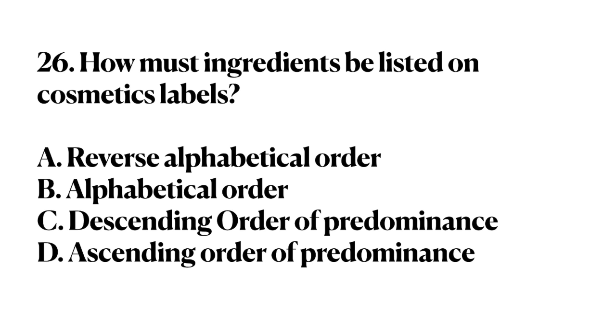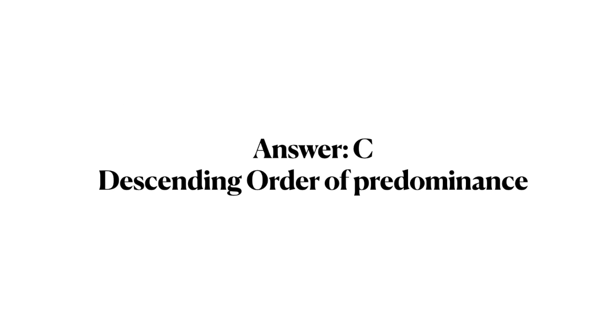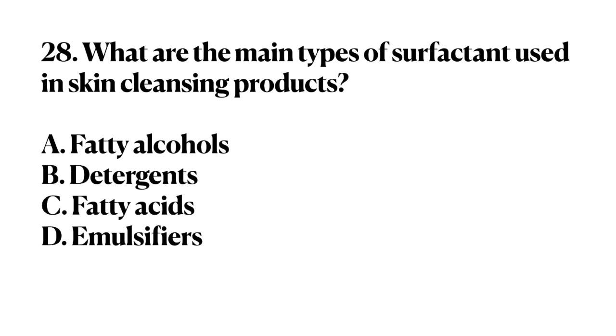How must ingredients be listed on cosmetic labels? A. Reverse alphabetical order. B. Alphabetical order. C. Descending order of predominance. D. Ascending order of predominance. Answer C. Descending order of predominance. What are the main types of surfactants used in skin cleansing products? A. Fatty alcohols. B. Detergents. C. Fatty acids.